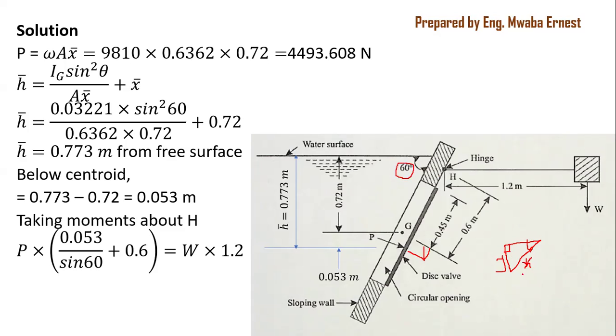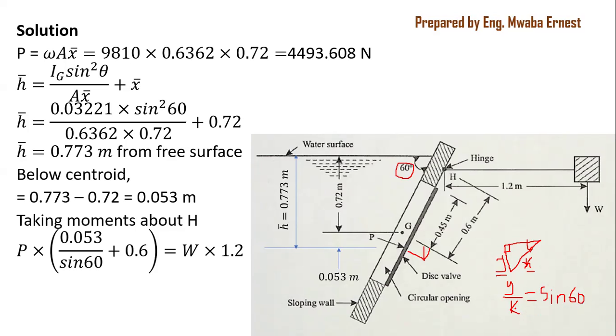So what do we do now? The ratio between this opposite side and the hypotenuse is sine. So y over k gives sine theta. In fact, you can say sine 60, because that's the actual angle given.